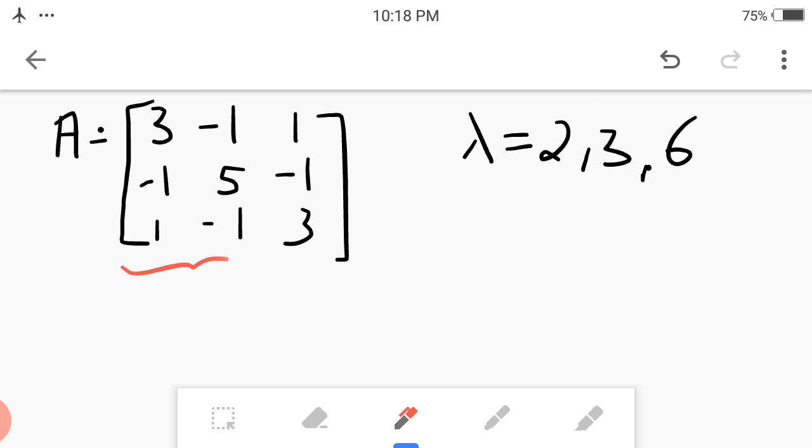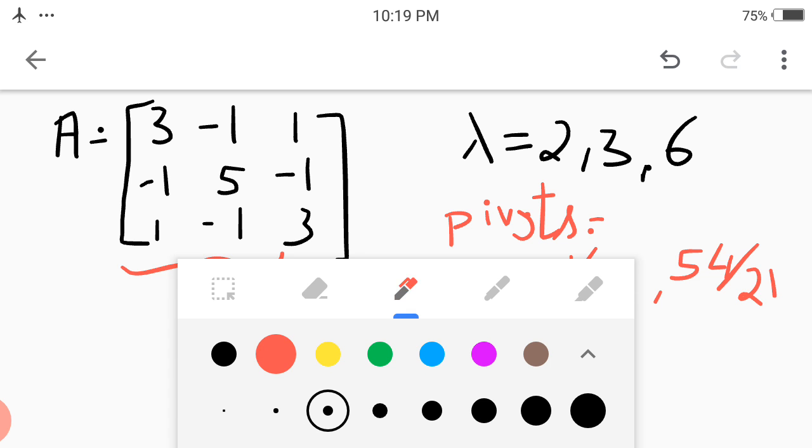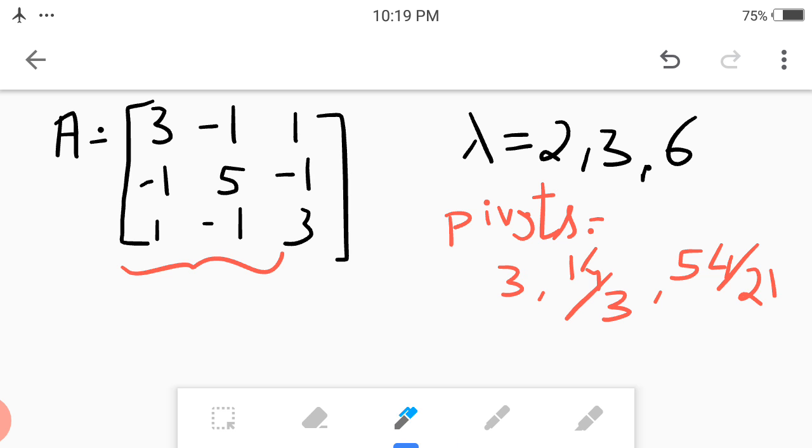Do row operations for this matrix, and the pivots you get are 3, 14 by 3 and 54 by 21. I'm repeating again. I want you all to try this out, and if you have any doubts, get back to me.